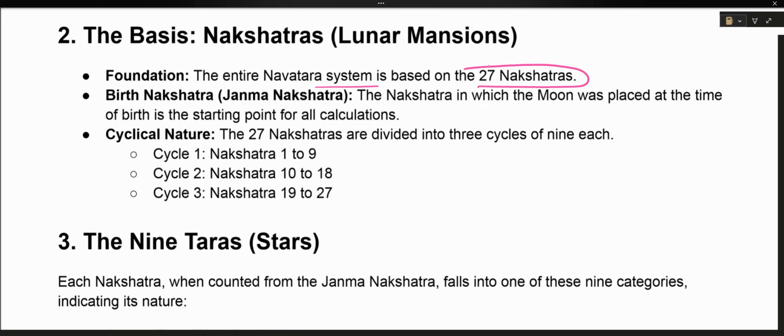Janma Nakshatra means the nakshatra in which the moon was placed, or was transiting through the sky, at the time of birth. From now on we will use the term Janma Nakshatra, meaning the moon's Janma Nakshatra.